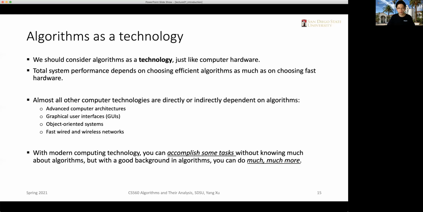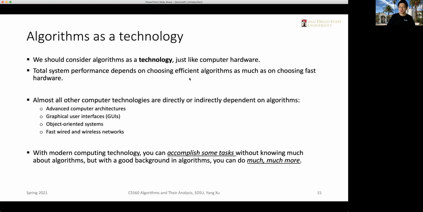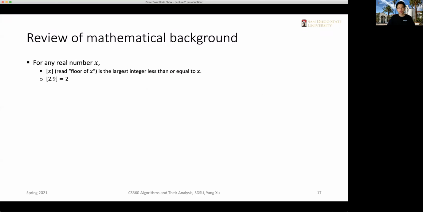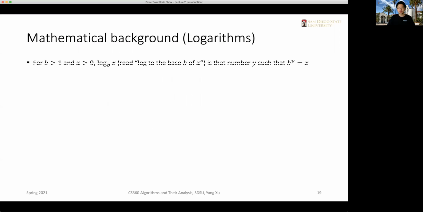All right. So if we don't have good algorithms, most of the tasks we can still accomplish. But with a good background in algorithms, we can do much more. And I think that's pretty much it for the introduction lecture today. I would encourage you to go through the rest of the reviews for mathematical backgrounds yourself.